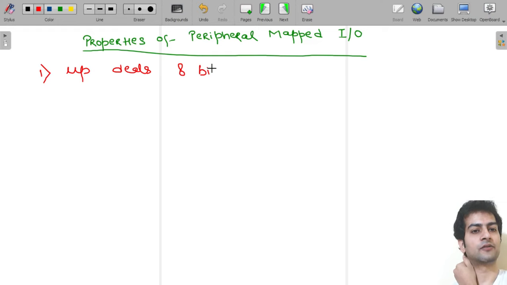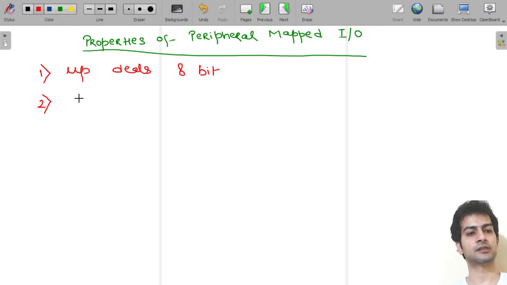It doesn't deal with a 16-bit address. Because for communicating with an input output device, we only need an 8-bit address. For communicating with memory, we require a 16-bit address.